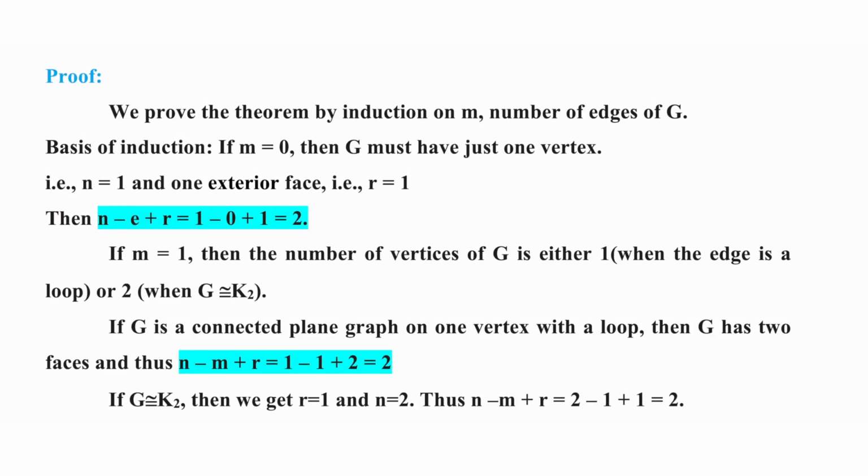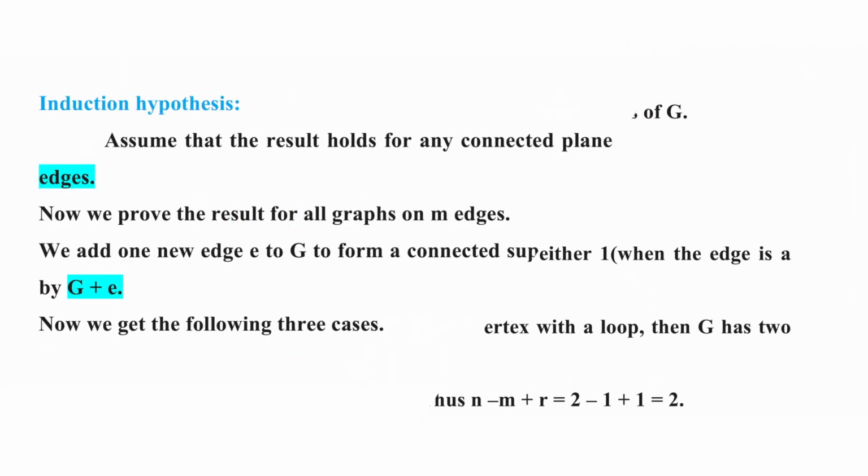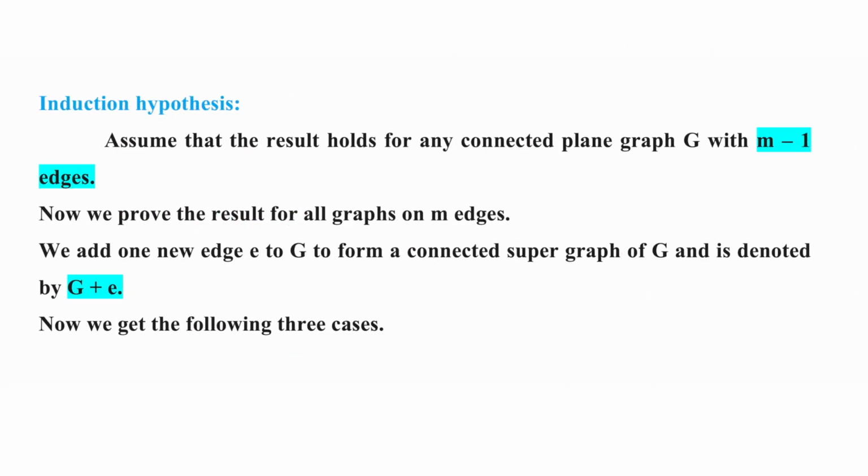If G is isomorphic to K2, then we get r equals 1 and n equals 2. Hence, n minus m plus r equals 2. Hence, the result. Induction hypothesis: assume that the result holds for any connected plane graph G with m minus 1 edges. Now, we prove the result for all graphs on m edges.